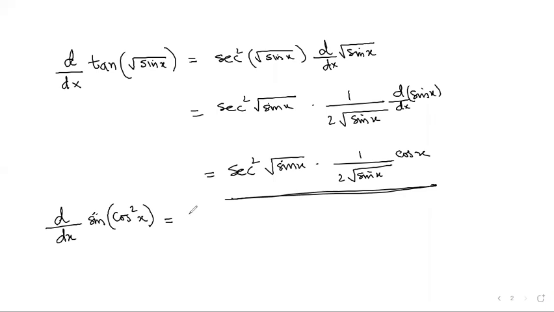So give me the answer. The trigonometry part will change. Cos of cos square x, into d by dx of cos square x. Very good. Excellent.